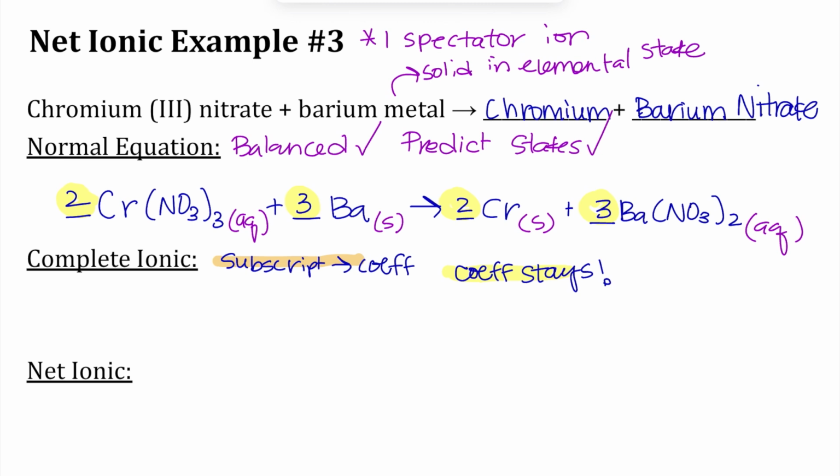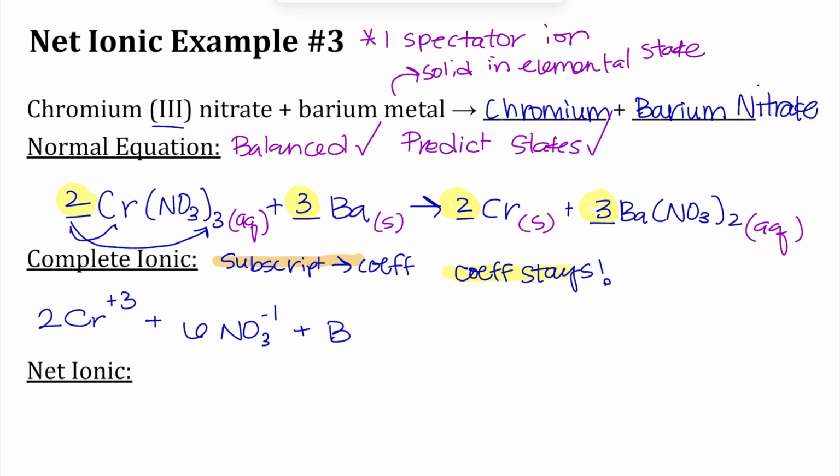As we're looking at this, we're going to have 2 chromiums, so 2 Cr plus 3s. Chromium's got a plus 3 charge. Plus, I have 2, but I also have that 3, so I'm going to actually have 6 NO3 minus 1s. I am going to combine that subscript, makes this a 3 NO3, but then I also have 2 of those, so that's going to become 6 nitrates.